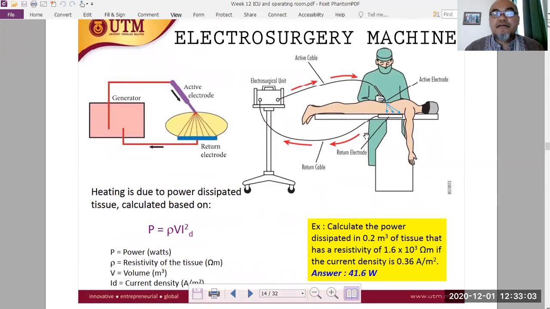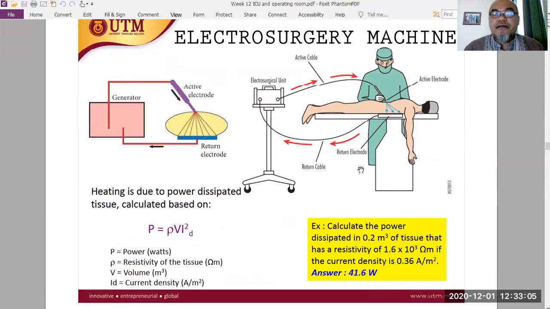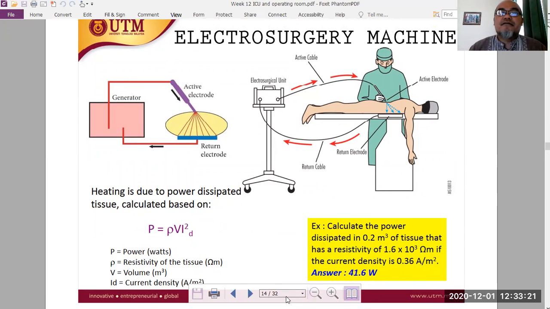So this is how it's used. For example, calculate the power dissipated in 0.2 cubic meter of tissue that has a resistivity of 1.6 thousand ohm meter if the current density is 0.3 ampere per square meter. The answer is 41.6 watt.